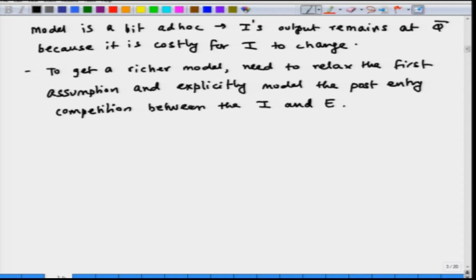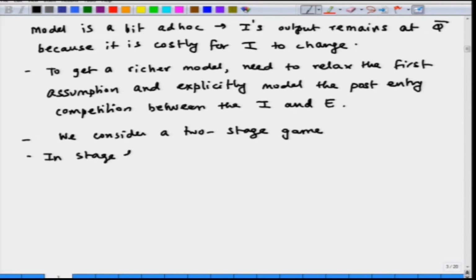Okay. So, we will consider a two-stage game. Now, in the first stage, so in stage 1, the incumbent is going to move and chooses a capacity level.